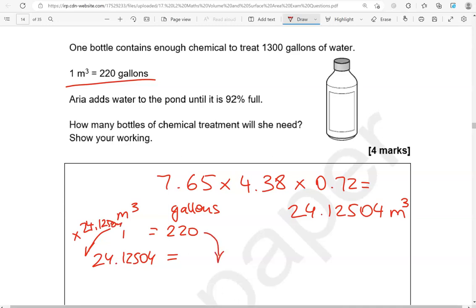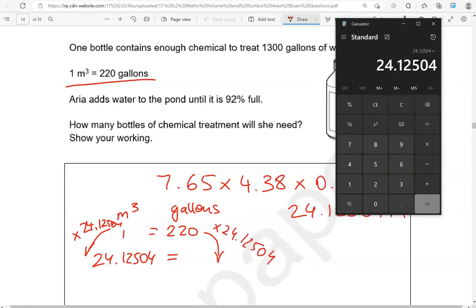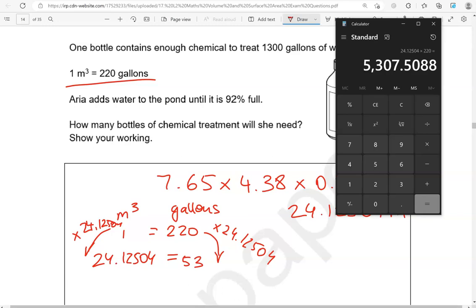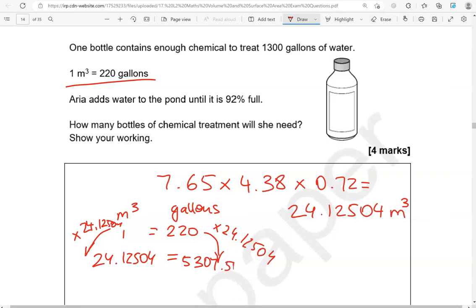So we'll do the same here. And that gives us 5,307.5088 gallons, that is. So that's the full capacity of the pond.